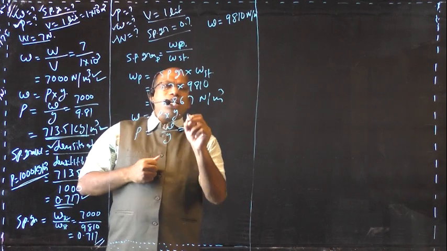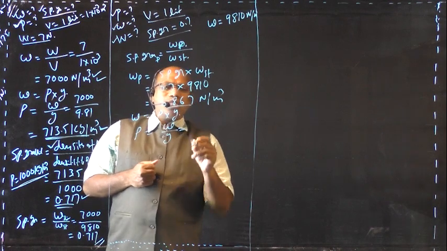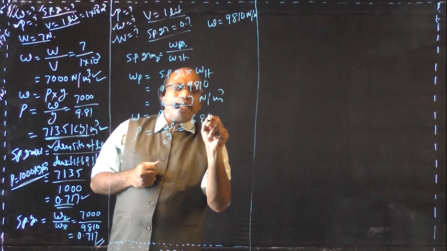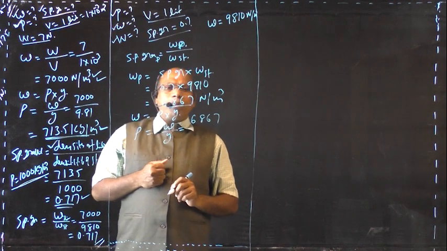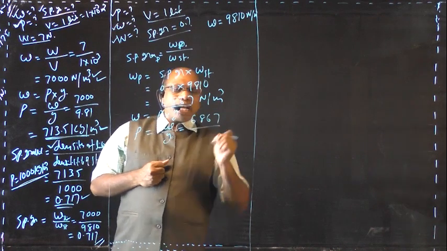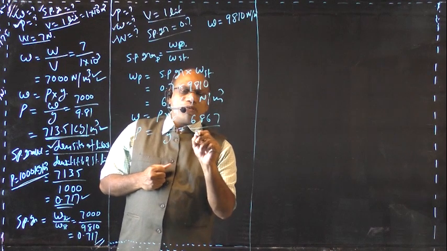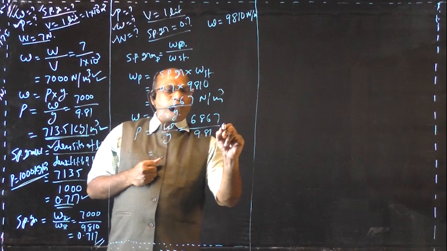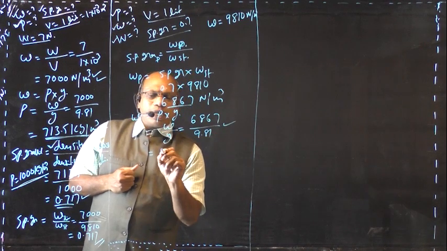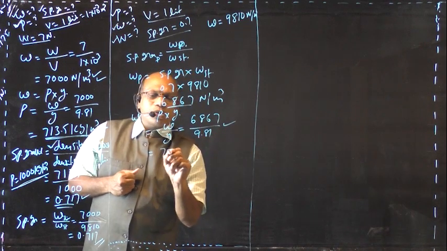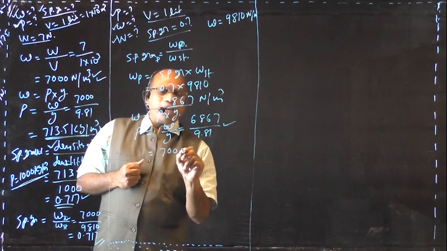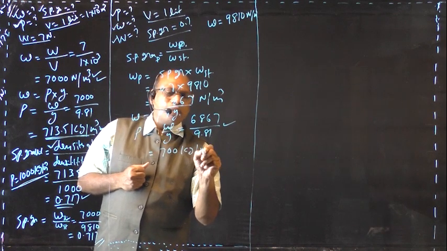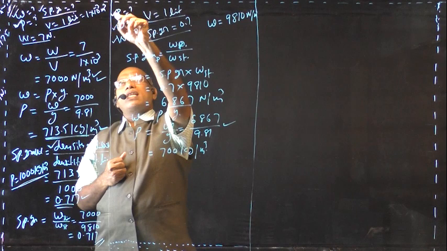The unit weight calculated here is 6867 Newton per meter cube, divided by 9.81. Therefore, the density of the petrol is equal to 700 kg per meter cube. This is also clear.